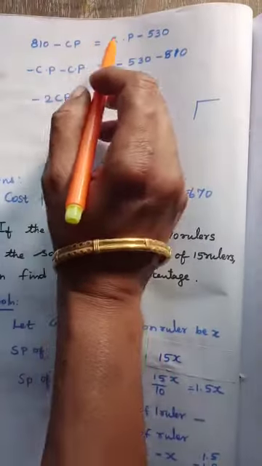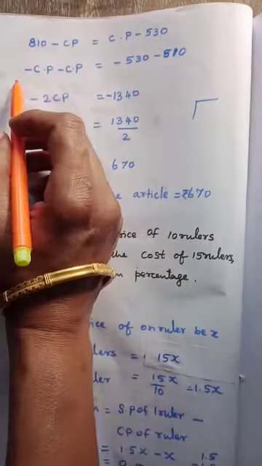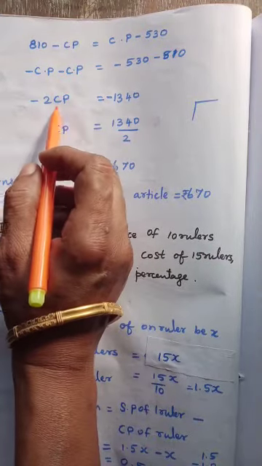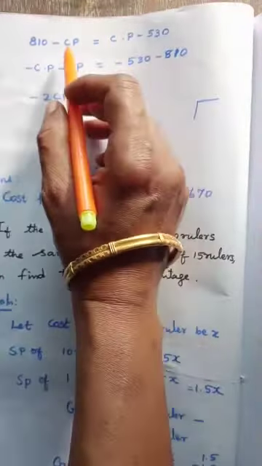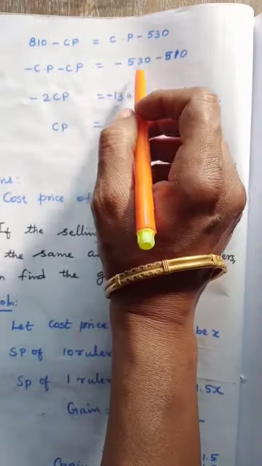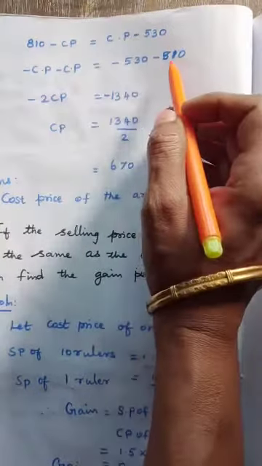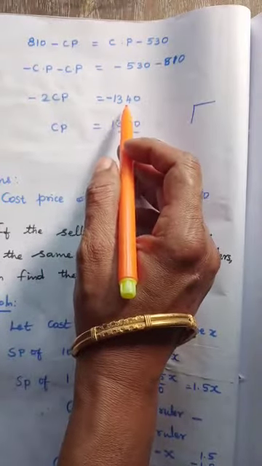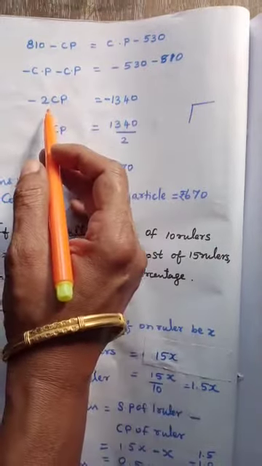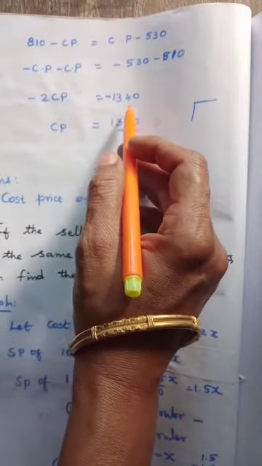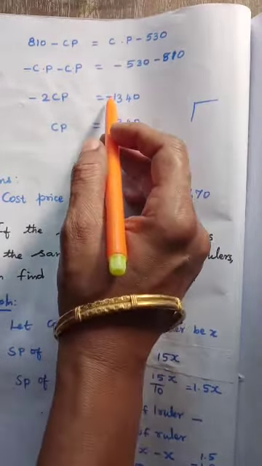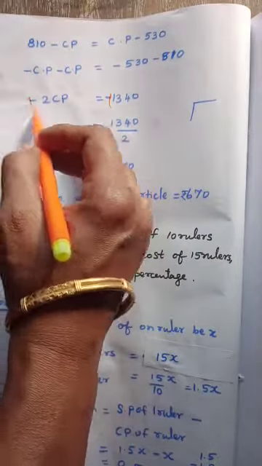You bring this CP to this side, it becomes minus CP minus CP, that is minus 2 CP. Here 530 minus 810 is equal to minus 1340. So minus 2 CP is equal to minus 1340. So CP is equal to, minus and minus becomes plus, isn't it?